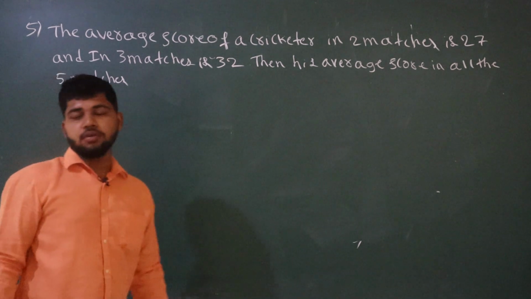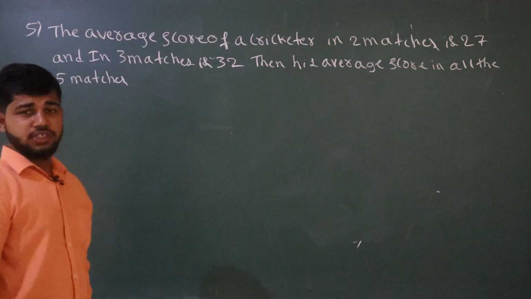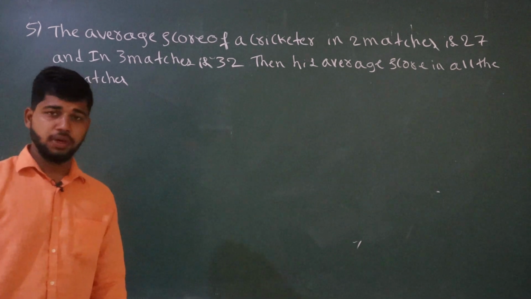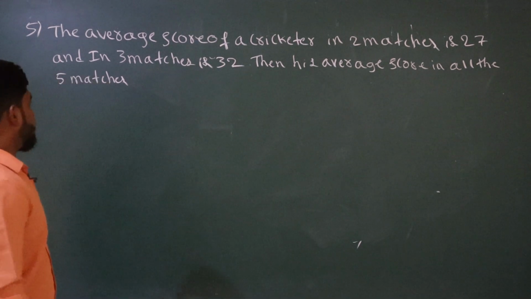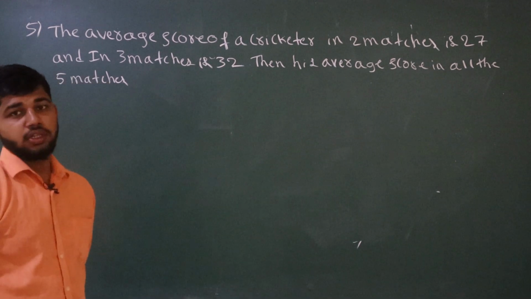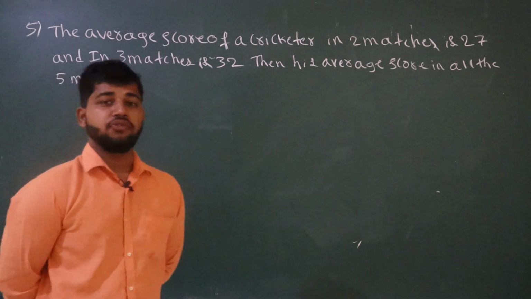Look at the problem here. The average score of a cricketer in 2 matches is 27, and in 3 matches is 32. Then his average score in the 5 matches.